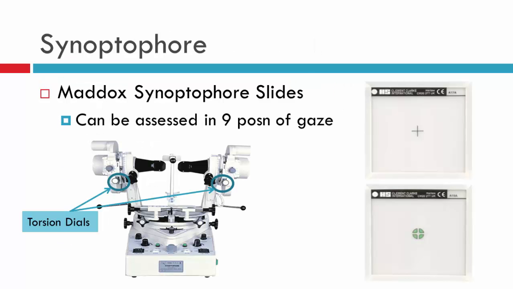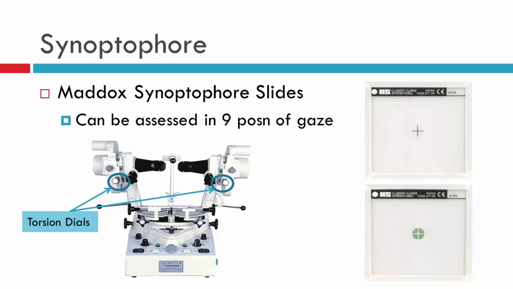We have looked at the Synoptophore last semester, and we've also looked at the Synoptophore in terms of measuring in 9 positions of gaze. We've also discussed measuring torsion in 9 positions of gaze with the Synoptophore. What I want to bring your attention to in this video is that there are specific slides utilised when torsion is present.